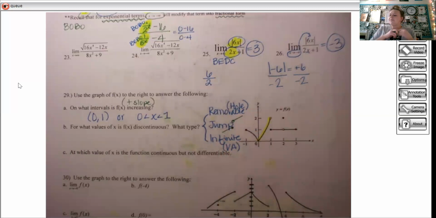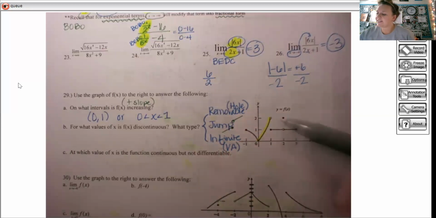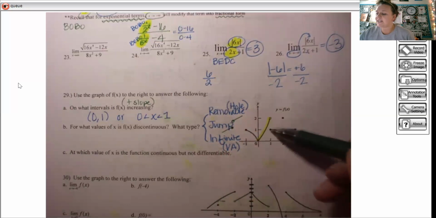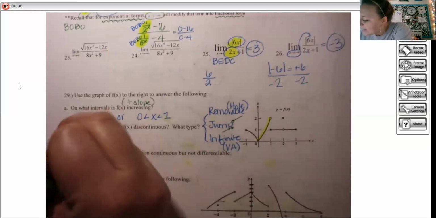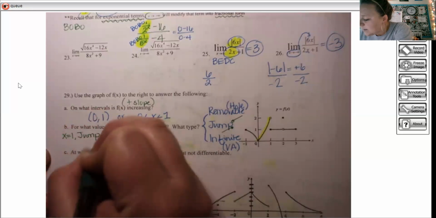So if I'm looking at this graph, I see 2 discontinuities. First one obviously occurs at 1. Then I need to classify it. So I see I have a limit on the left, it's 2. I have a limit on the right, it's 1. But because they don't match, this would be considered a jump. So I'm going to say x equals 1. There's a jump discontinuity.